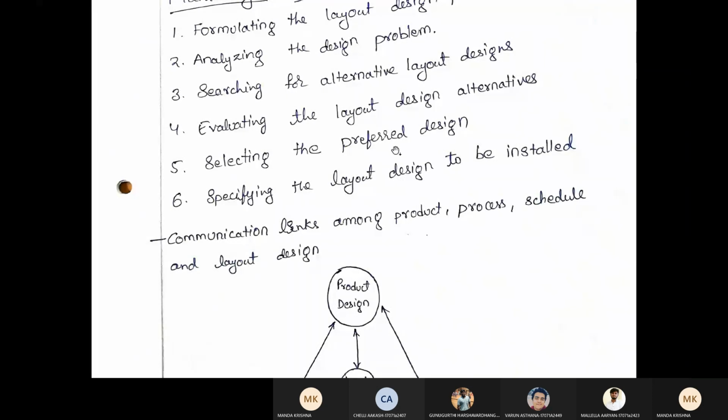First we have to formulate the design problem. Next we have to analyze it. Next we have to search for the alternative design. Next, to evaluate that, next we have to select the preferred design, and we have to go for the installation next.